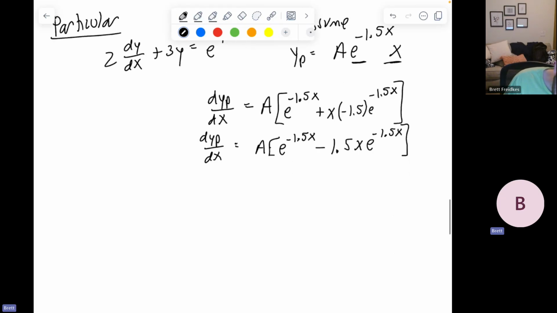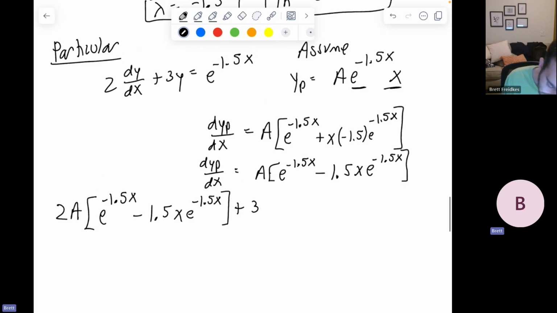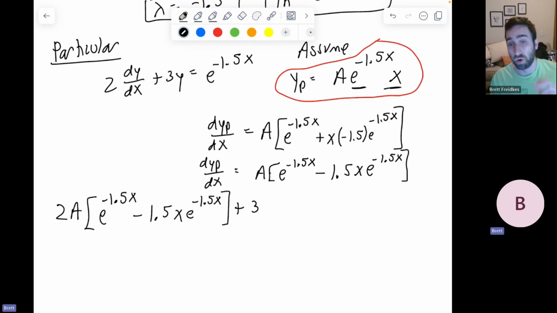We'll go ahead and substitute that in now. So you get 2a e to the negative 1.5x minus 1.5x e to the negative 1.5x plus 3 times y. What is y? Well, that is what we assume to be our original particular solution.